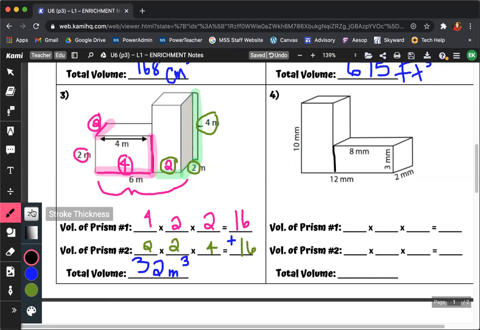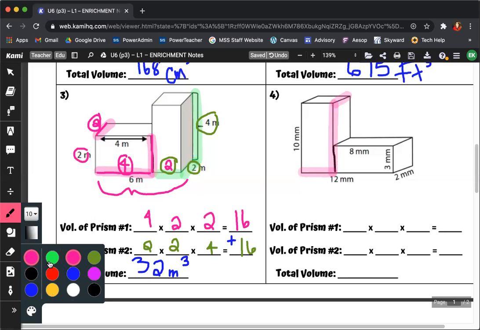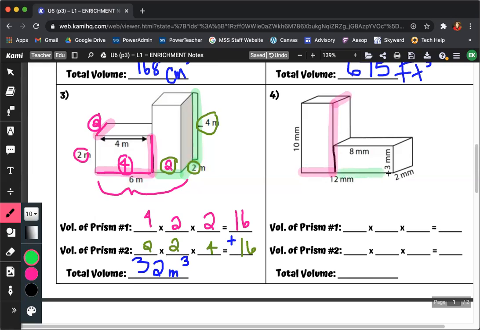So looking at shape 1, we've got our length, we've got our height. Whoa, that is sideways. We've got our height and we've got our width. Same thing for shape 2, length, width, height.